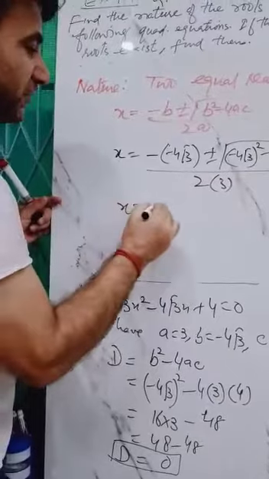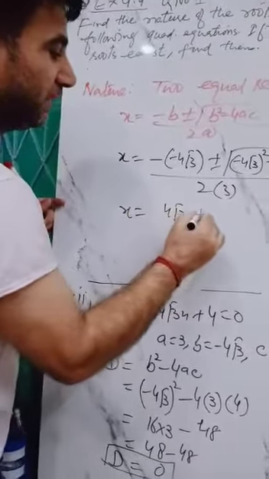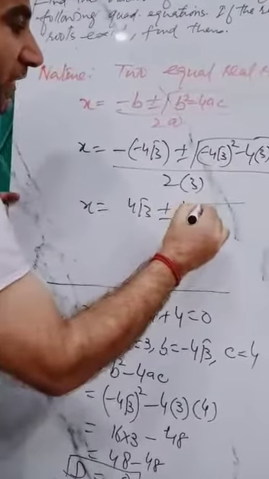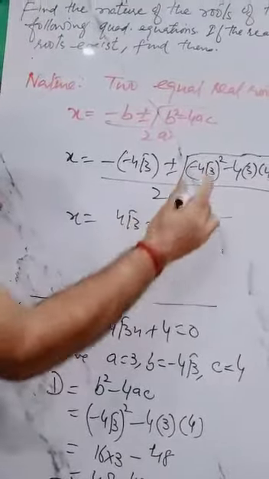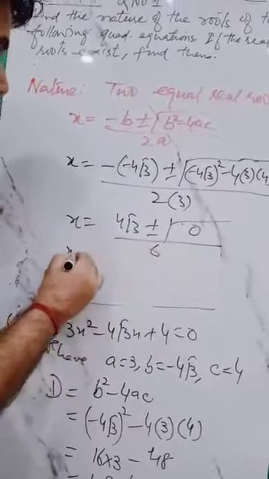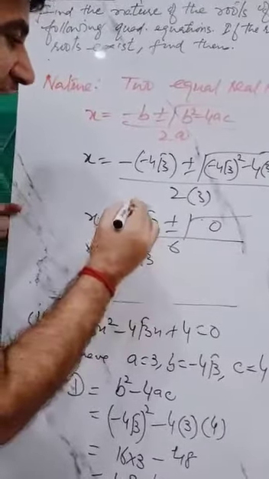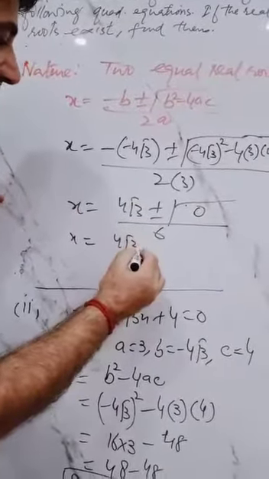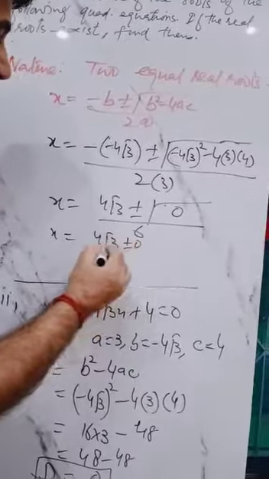So x is equal to 4 root 3 plus minus under root of the discriminant, which is equal to 0, upon 6. So we get 4 root 3 plus minus 0 upon 6.